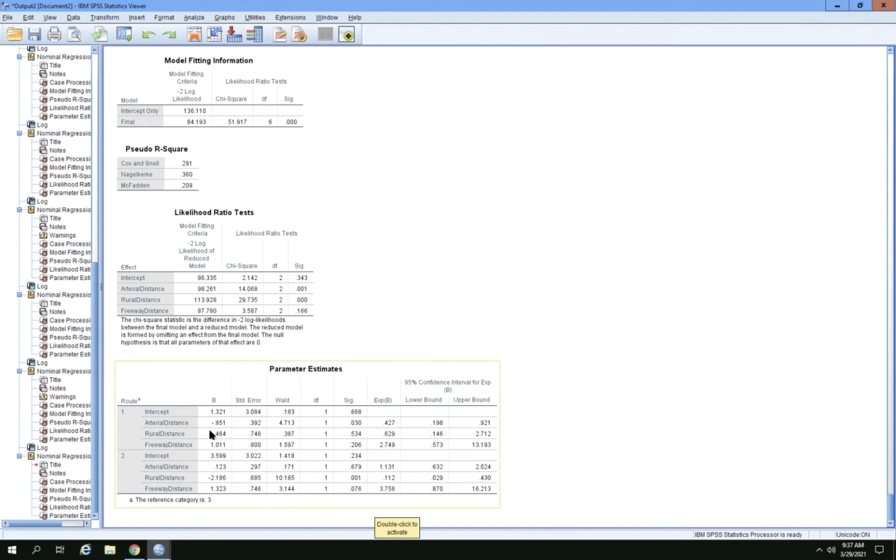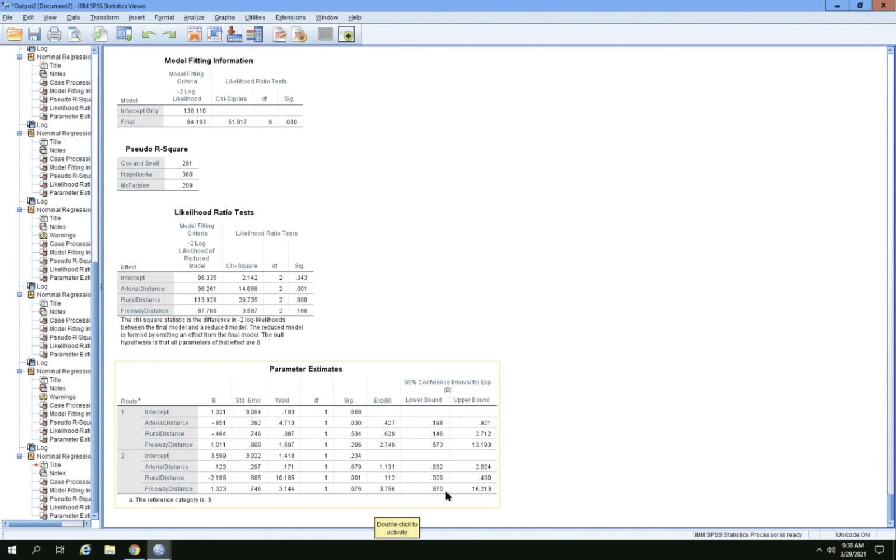In the other cases, as these distances increase, since these odds ratios are less than 1 because these parameter estimates are negative, it means that there are decreases in the probabilities of individuals selecting those respective routes, okay? So that's basically given directly as output here.